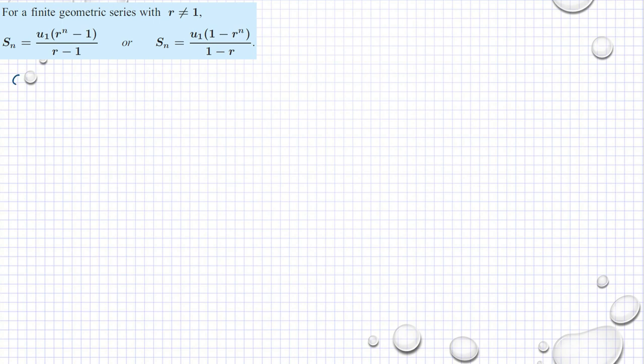So S sub n is equal to u sub 1 plus u sub 1 r raised to 1 plus u sub 1, actually this is r raised to 0 if you want, r raised to 2 plus u sub 1 r raised to n minus 2 plus u sub 1 multiplied by r raised to n minus 1.